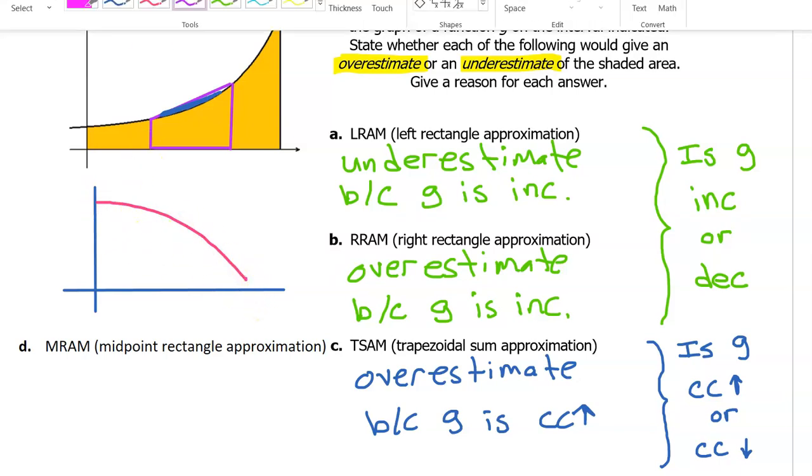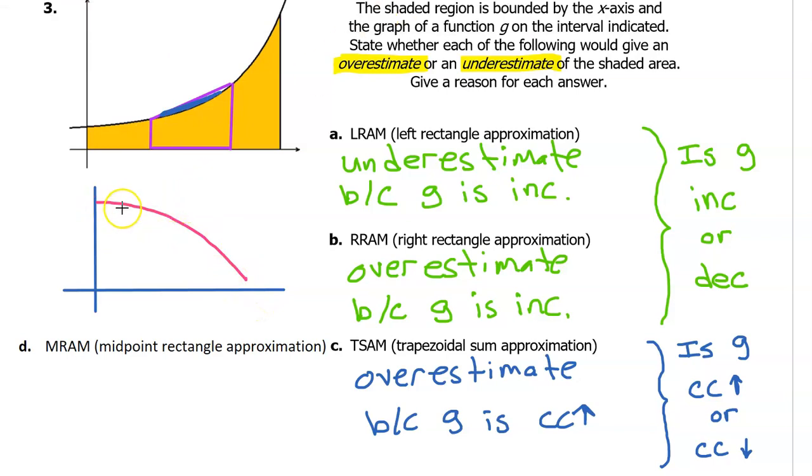So let's draw our trapezoid and convince ourselves what the deal is. So here are the vertical pieces, and then we connect those ends to form the trapezoid. And you can quickly remind yourself that this is an underestimate. You see the little gap there where we're not quite including all of the area under the curve. So this would be an underestimate.